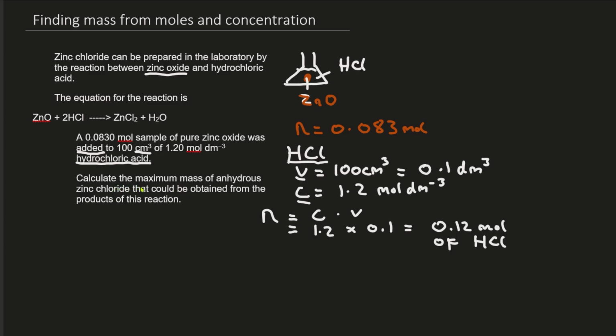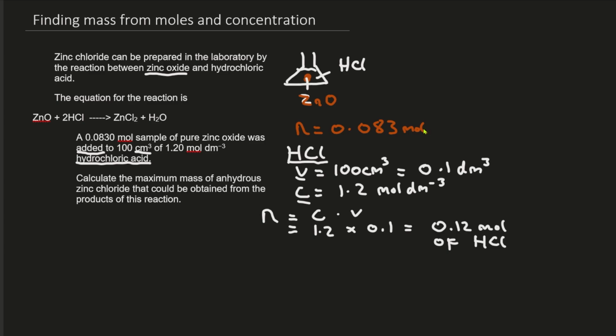Right, calculate the maximum mass of anhydrous zinc chloride that could be obtained from the products of this reaction. Now here's where you have to be very careful, because you've got two pieces of information and we can't straight up use that 0.083 moles.